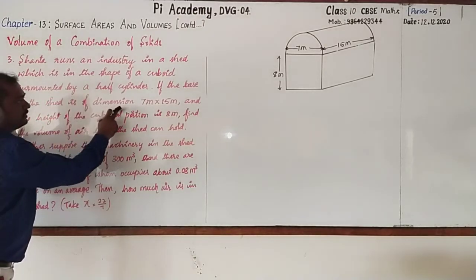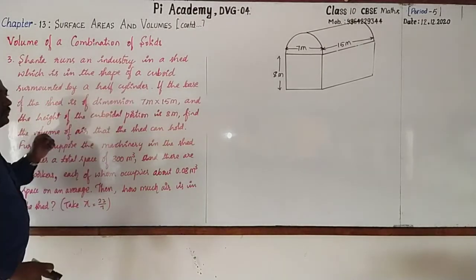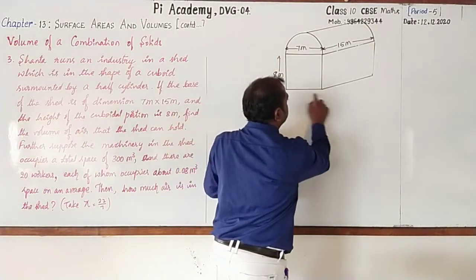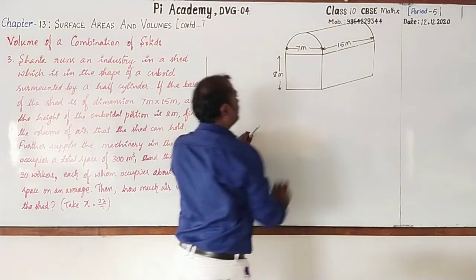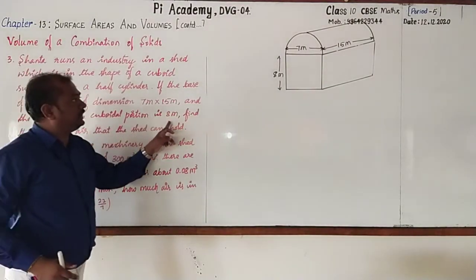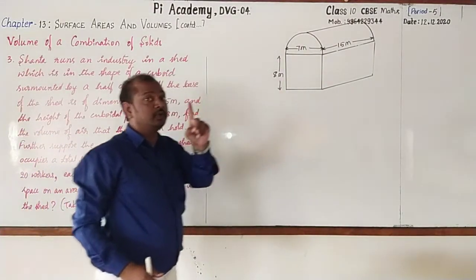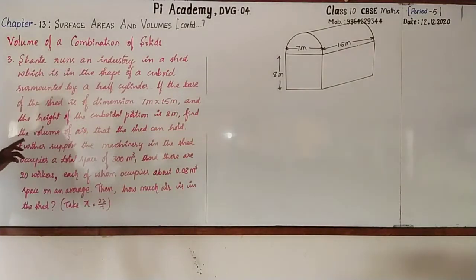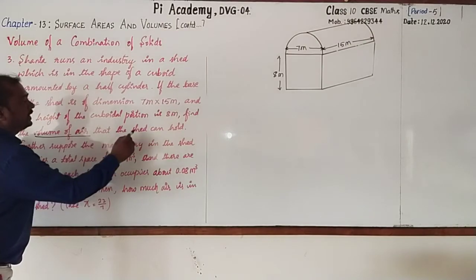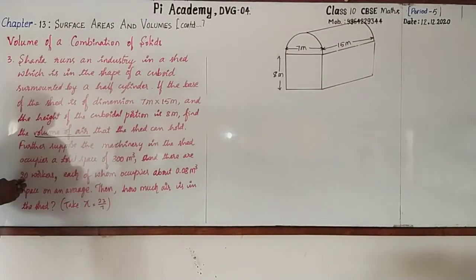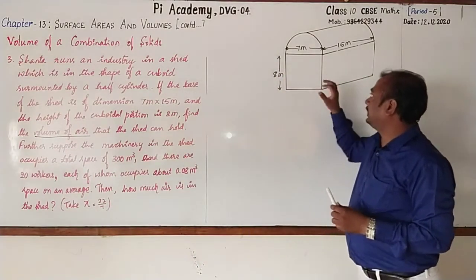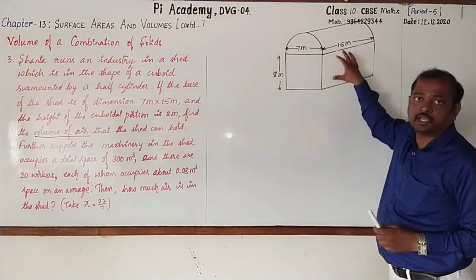Then if the base of the shed is of dimension 7 meter into 15 meter. Okay, this is the base. 7 into 15. And the height of the cuboidal portion is 8 meter. Only the cuboidal portion. Find the volume of the air that it can hold. We are going to find the volume of air that a shed can hold.